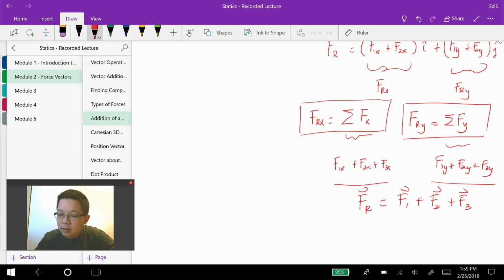In that case, what we need to do is just change the sign. Instead of using plus, we use minus.